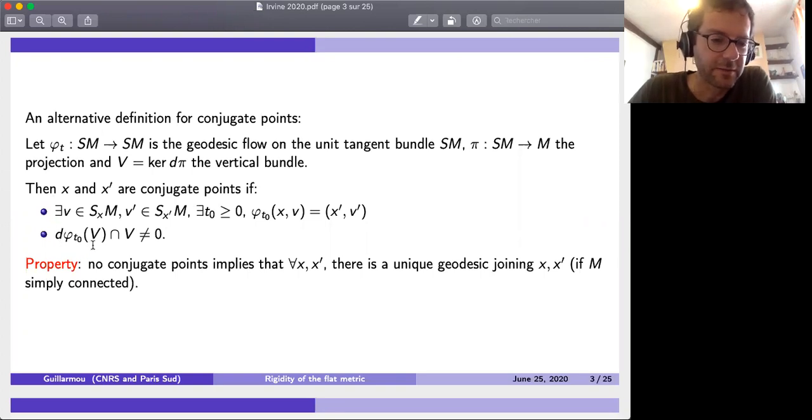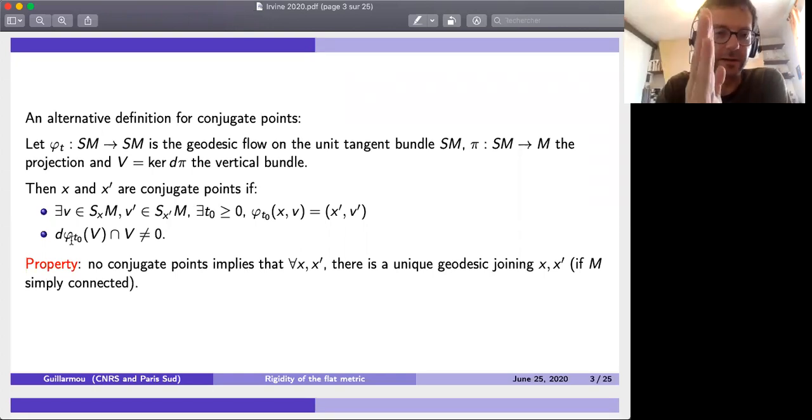And there exists a non-zero vertical vector such that if you look at the differential of the geodesic flow phi at time t0, it will bring this vertical vector to another vertical vector. So when you look at the action of the differential of the geodesic flow, the vertical bundle, when you evolve, becomes straight away non-vertical, but it's possible that after some time it comes back vertical. And this is exactly when we have a conjugate point.